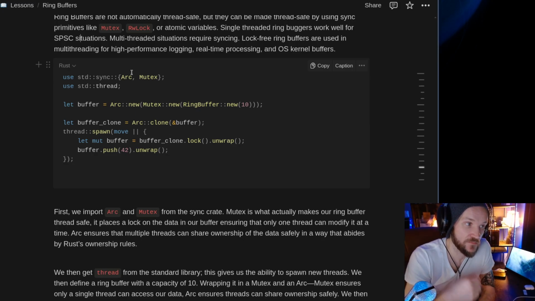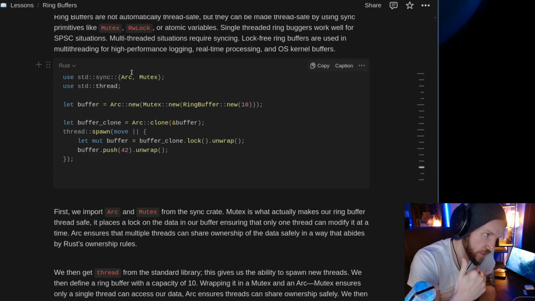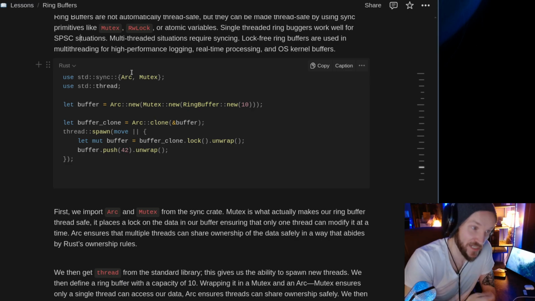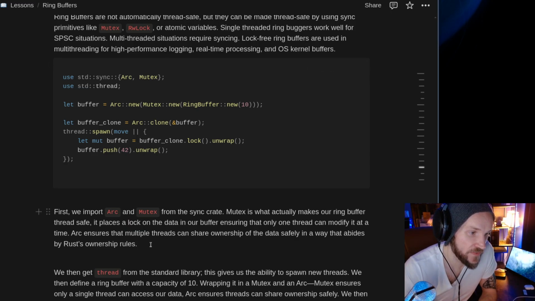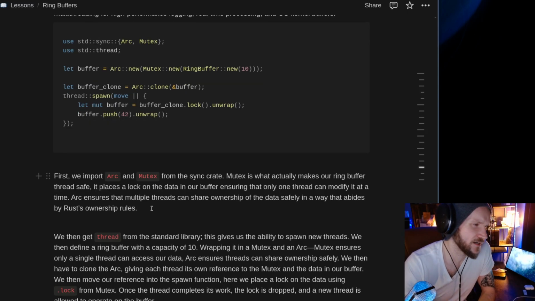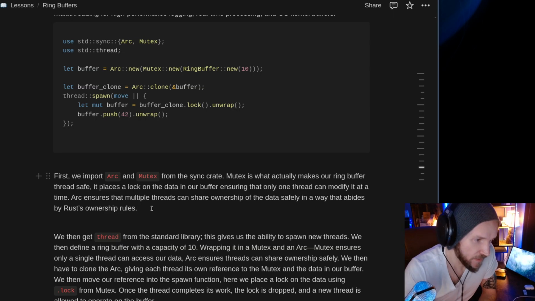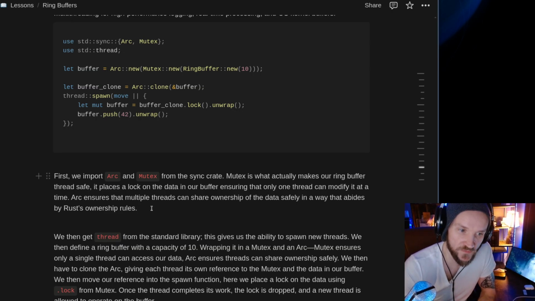So when a thread wants to operate on the data inside of the buffer, it goes in and locks the door behind it, and when it finishes its work, it unlocks that door, and then another thread is able to come in and grab the lock. And then Arc, atomic reference counter, ensures that multiple threads can share ownership of the data safely, right? With Rust ownership rules, it just makes sure that the threads play nicely.